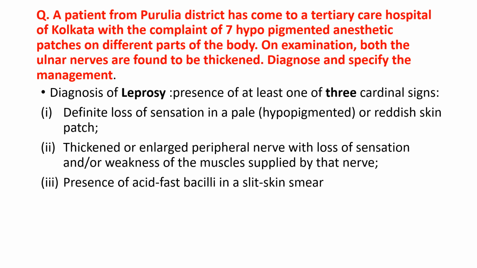So what are these 3 cardinal signs? Number 1, definite loss of sensation in a pale or hypopigmented or reddish skin patch. Secondly, a thickened or enlarged peripheral nerve with loss of sensation and/or weakness of the muscles supplied by that nerve. And thirdly, presence of acid-fast bacilli in a slit skin smear.